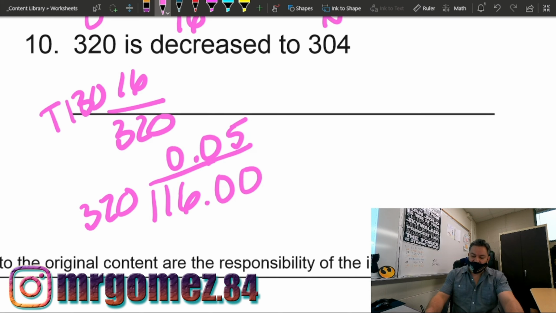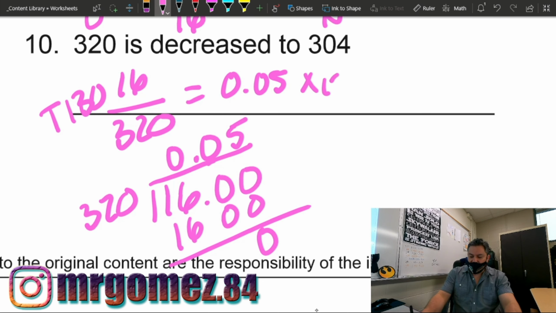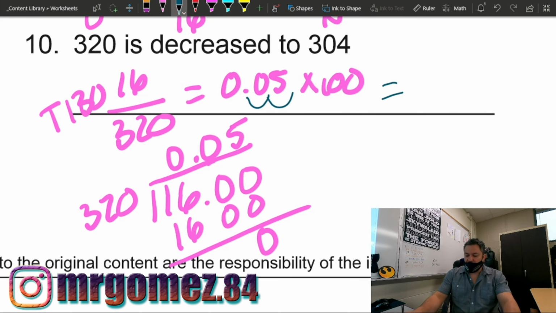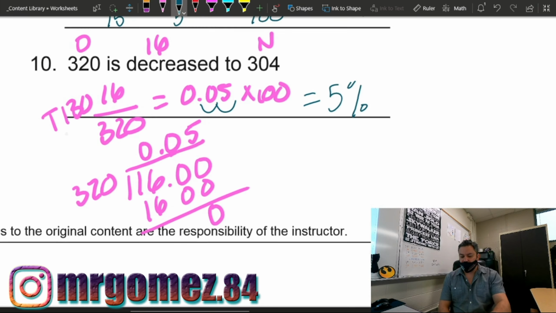Yes. 5 times, which is 1600, and the remainder is 0. So now this is 0.05 times 100, or you can just go ahead and move 1, 2, and this is gonna be 5%. You could have also simplified and gotten to the same answer, just like we did on the previous problem.